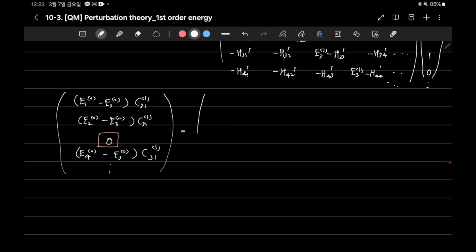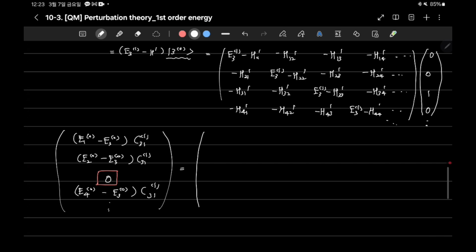Then in the right hand side is minus H13 prime, minus H23 prime, E31 minus H33 prime, minus H43 prime, like this.